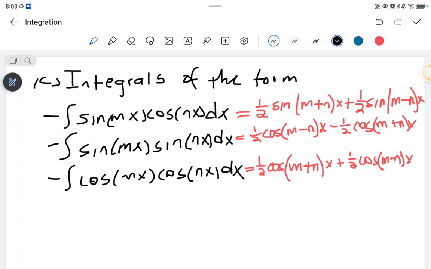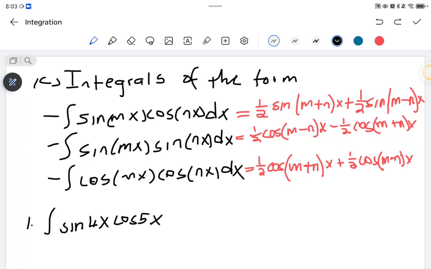Let's say now we're given the first question. It says we have the integral of sine 4x cos 5x. If we see we're dealing with sine cos, so we know that we'll have this identity.